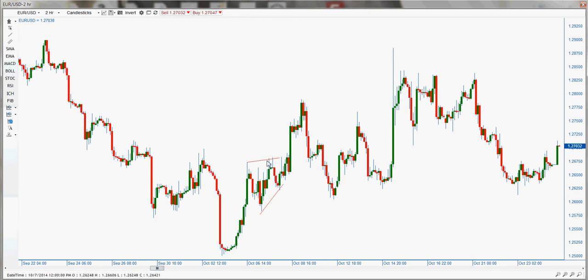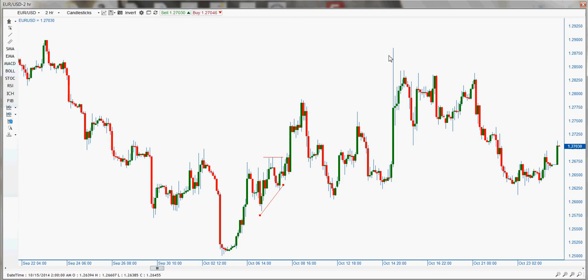Maybe there's a different way to count this. Maybe instead of a leading diagonal, it's just a regular triangle where we have a sharp move up in A, sideways triangle in B, thrust up in C. It's the same thing. But this is a three-wave move that only completed the first leg of a larger three-wave move.